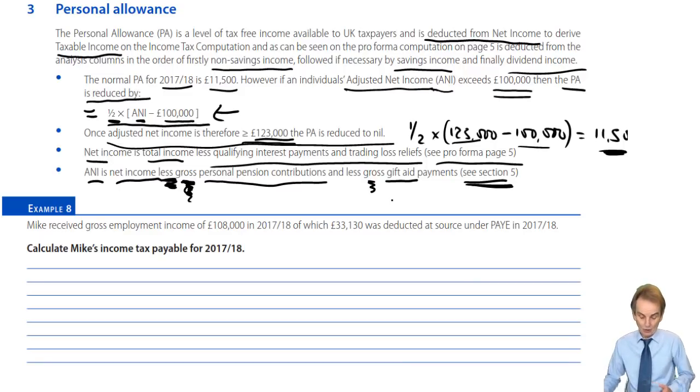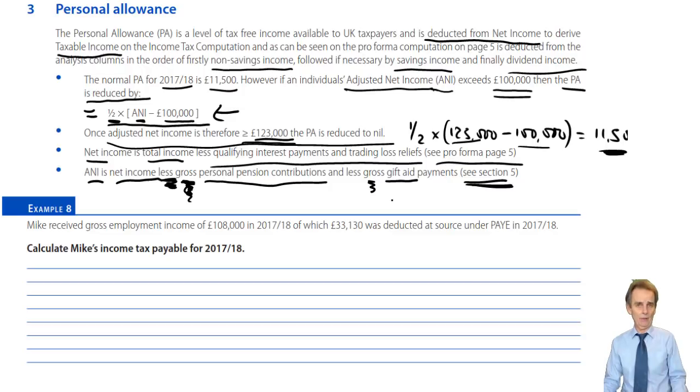Now, because we haven't yet got to section 5 in the examples that we're about to follow, we'll discover that the net income is one and the same as the adjusted net income, as of course it may very well be in an exam question, as it probably is in very many cases in real life as well.